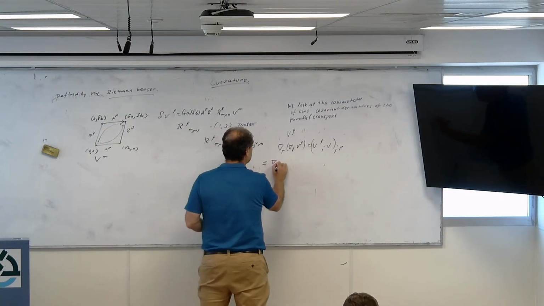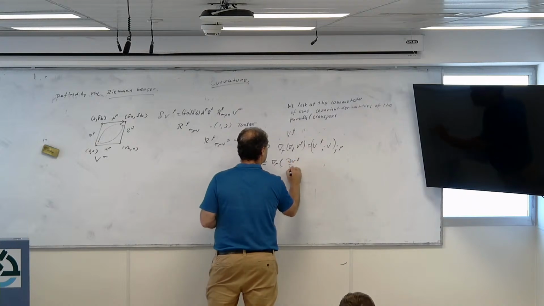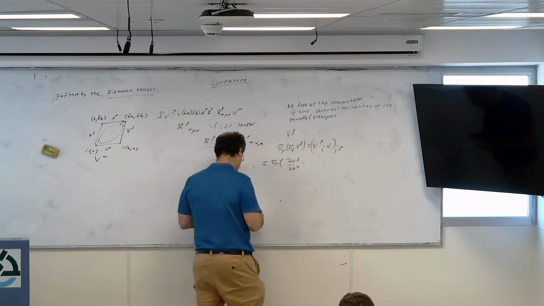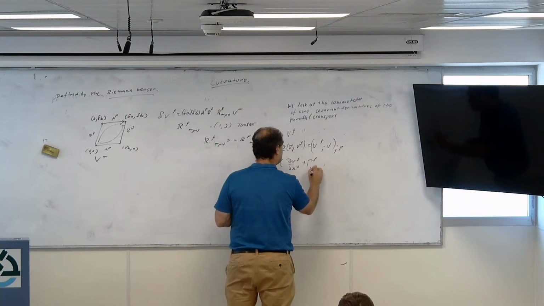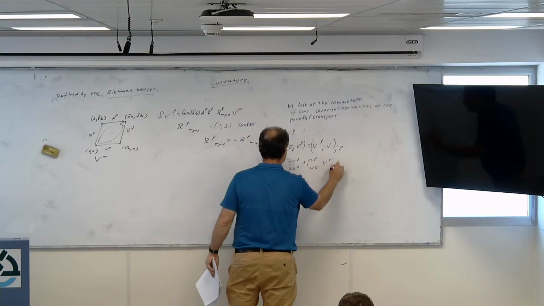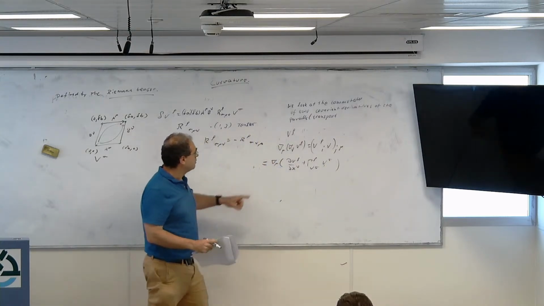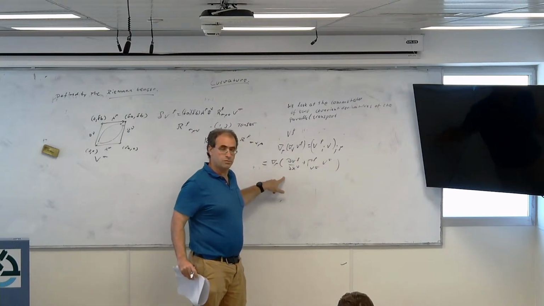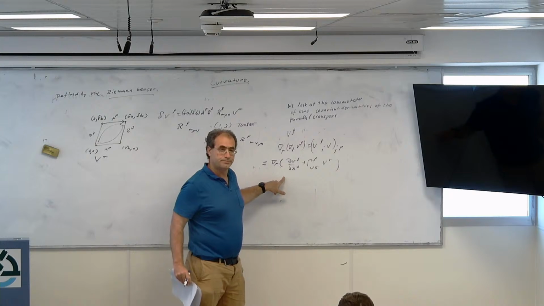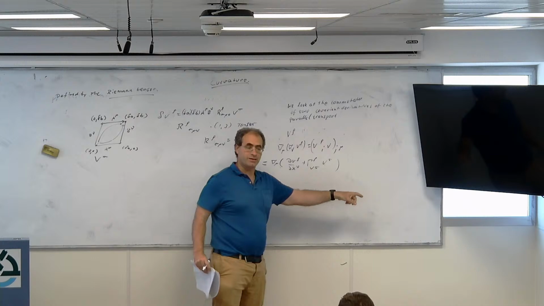Nabla mu of what we have, dV rho over dx mu plus gamma rho mu sigma V sigma. Now, this is a tensor. What rank? 1, 1, right?